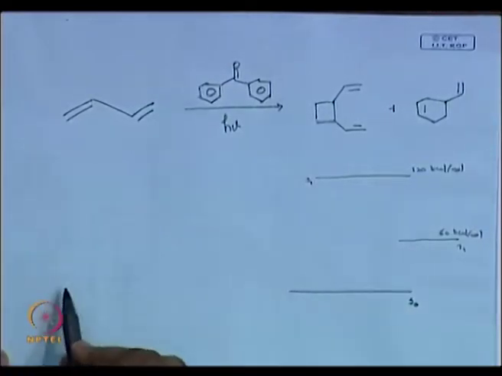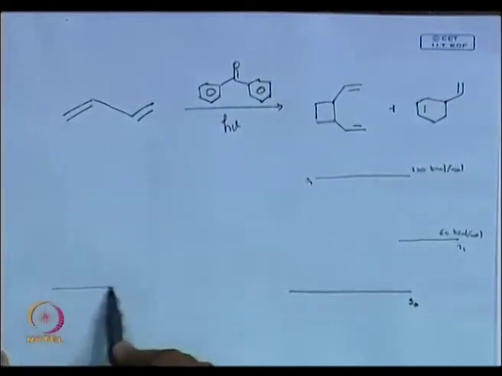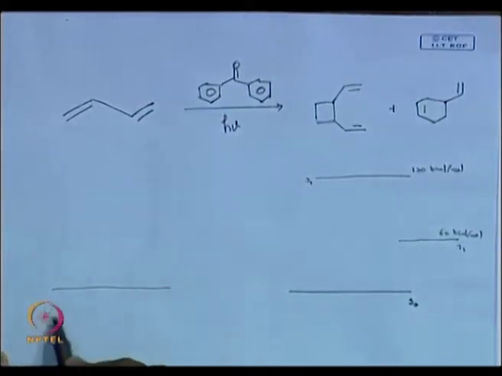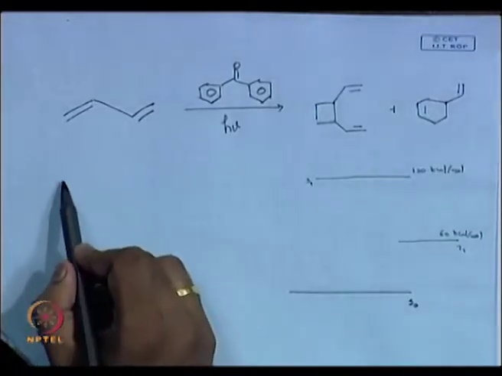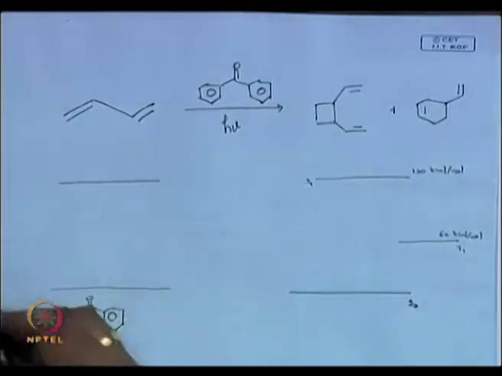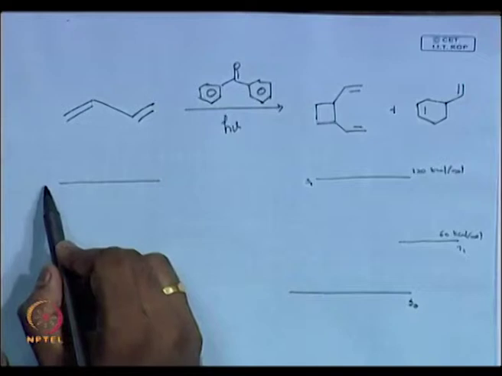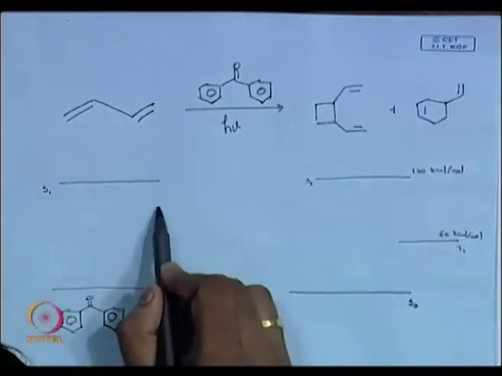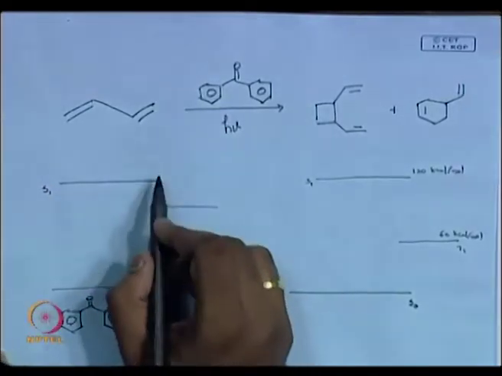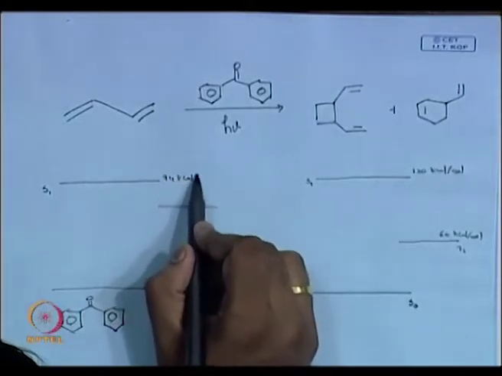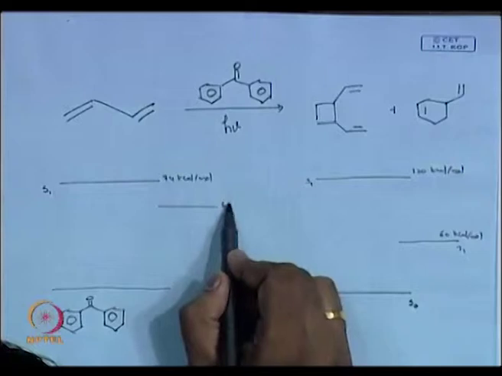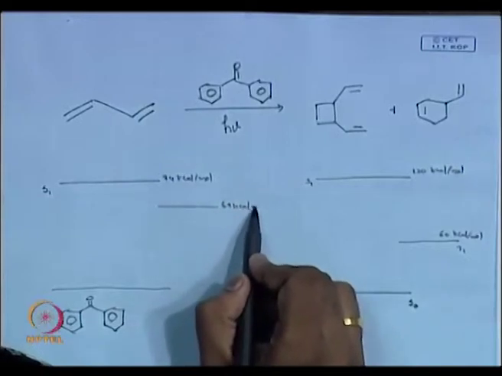Now I know my benzophenone energy. This is around 74 kilocalories per mole, and the triplet is 69 kilocalories per mole.